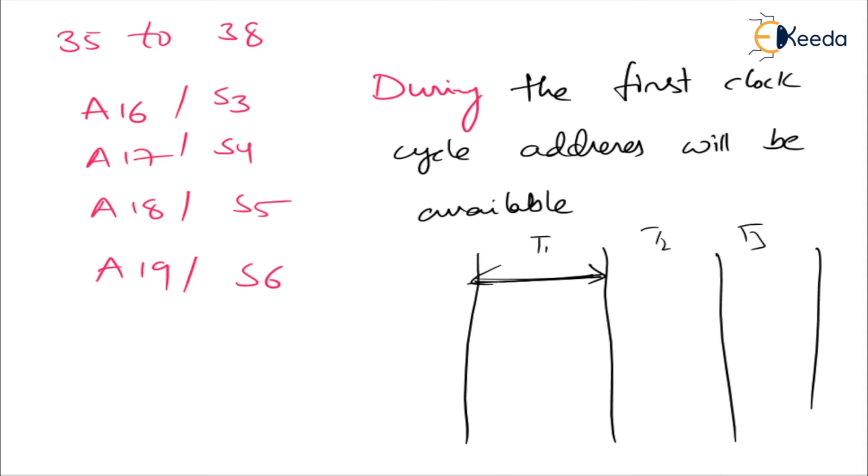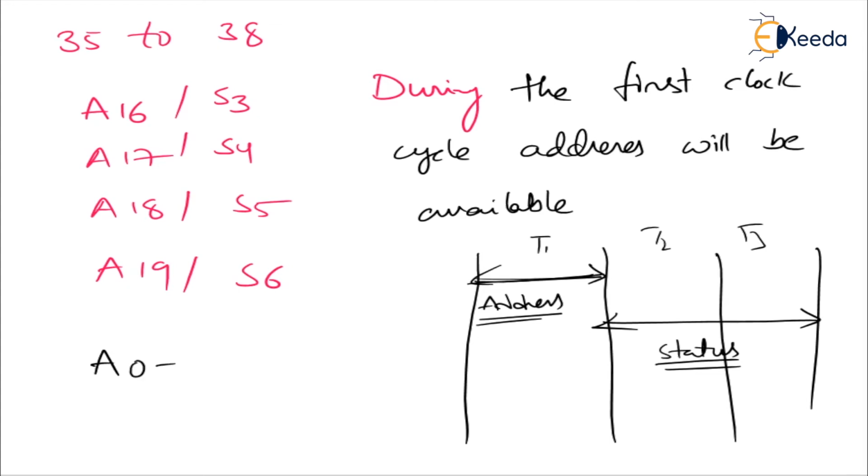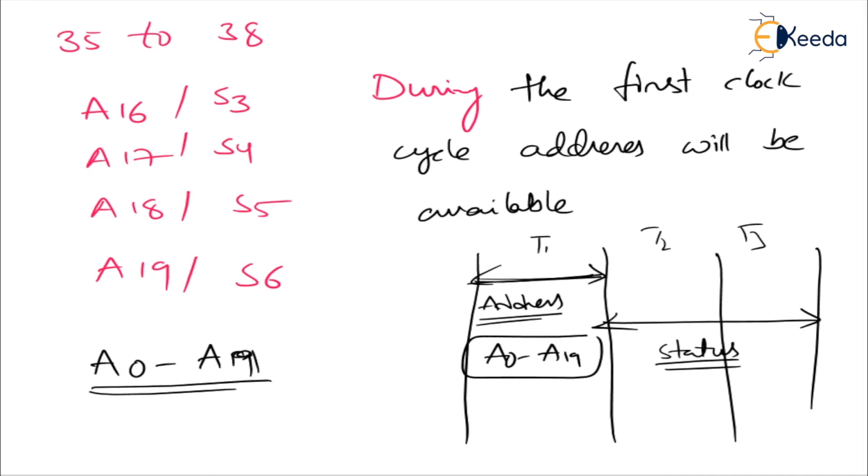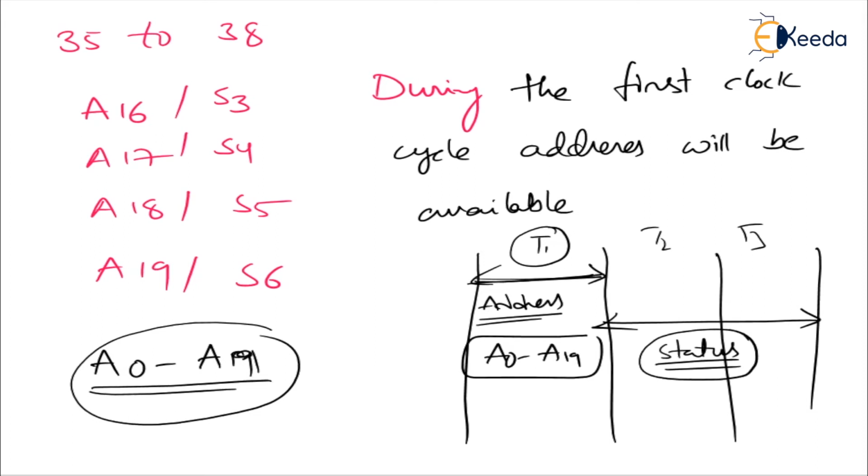In the first clock cycle, the address will be available, and later the pins carry the status signals, S3, S4, S5, S6. So during the first clock cycle we get the complete address, from A0 to A19, whereas in the next clock cycle we get the status.